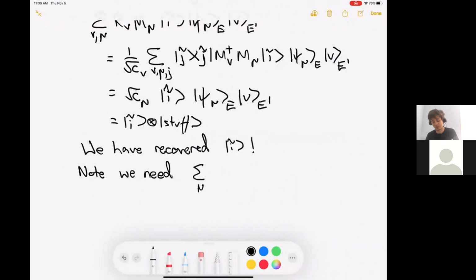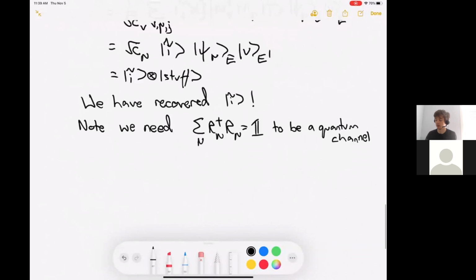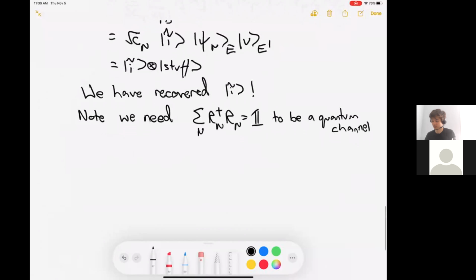We need the sum over mu of R mu dagger R mu to equal the identity, or this isn't an allowed channel. It's not something we can physically do. Okay, so fortunately, we can deal with this.